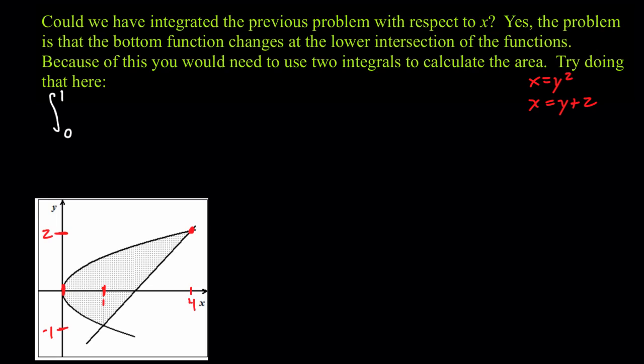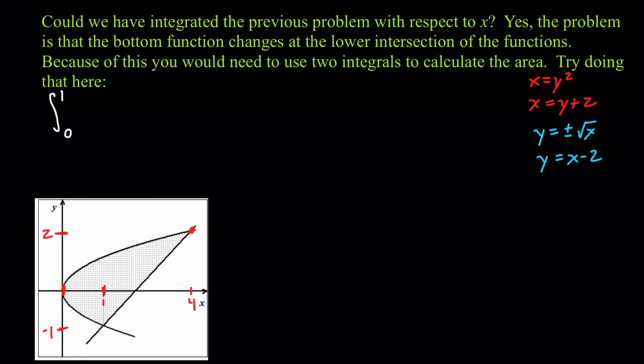The first one would be y equals plus or minus square root of x, and the other one would be y equals x minus 2. And so the top equation here will be positive square root of x minus negative square root of x.